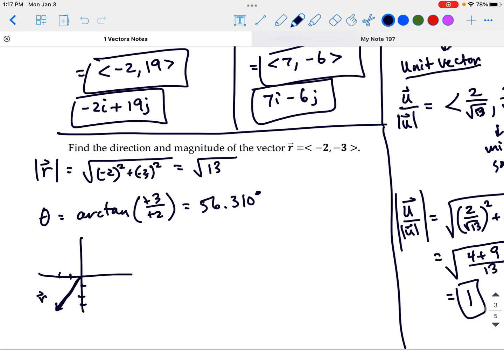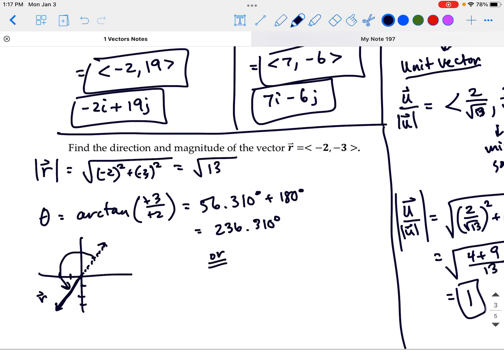We can see that vector r is in the third quadrant. So our angle is not actually 56.31 degrees, which would be in the first quadrant. So that would be if the angle were here. But it's actually 180 degrees further. So we need to add 180, which is going to give us 236.310 degrees.